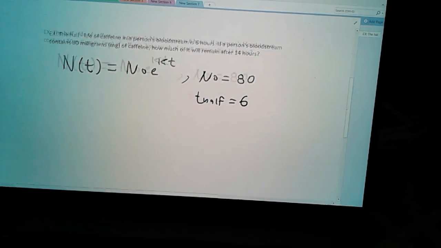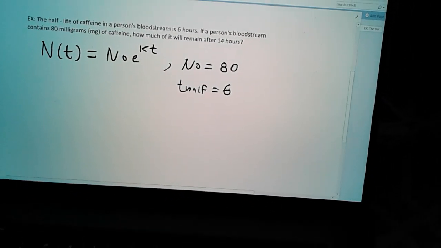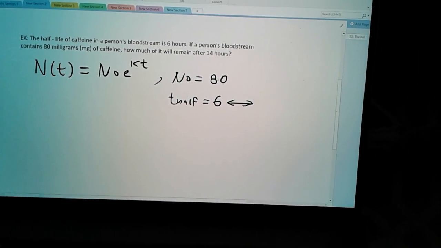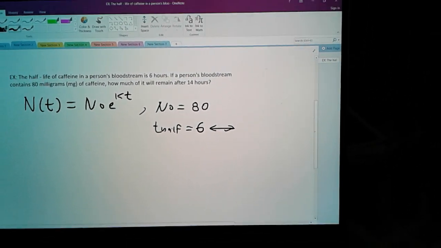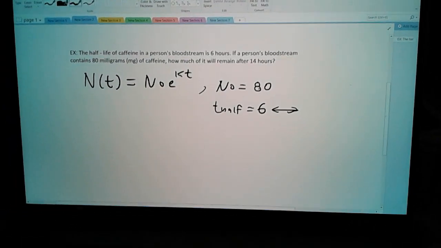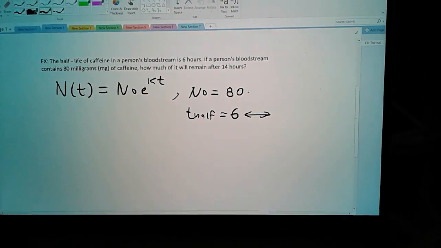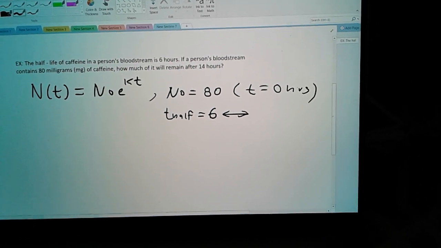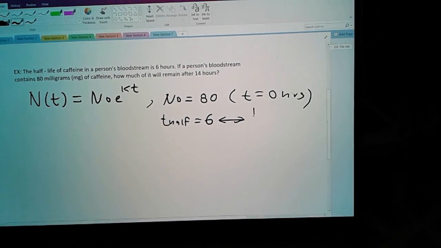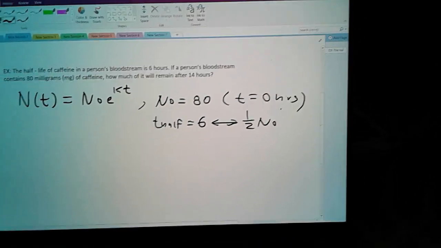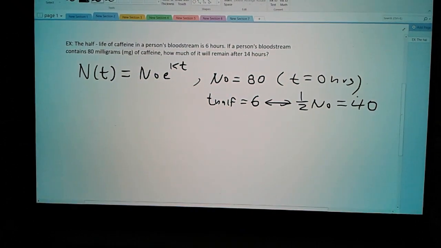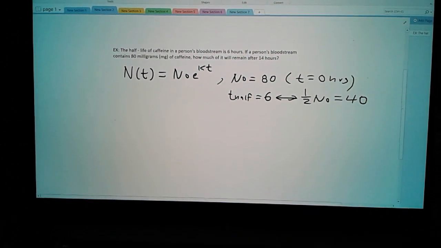Now, again, that's the amount of time it takes for the initial amount to be reduced down to half of its amount, right? So if I have 80 milligrams in the beginning, so this is at t equals 0 hours. After 6 hours, I'm only going to have half of it left. So I'm only going to have 40 milligrams left after 6 hours of fast.